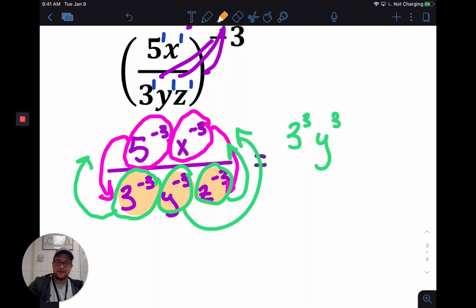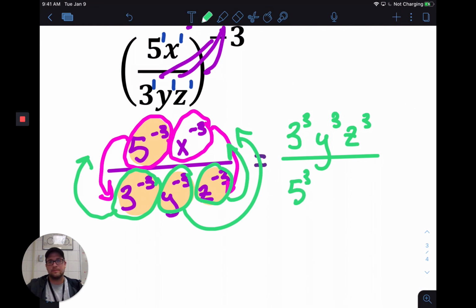And when z to the negative third moves to the top, it's going to be z to the positive 3. What moving it to the top or to the bottom does is it just makes that exponent positive. Now, on the bottom of this, when 5 to the negative third went down, it became 5 to the positive third. And when x to the negative third went down, it became x to the positive third.